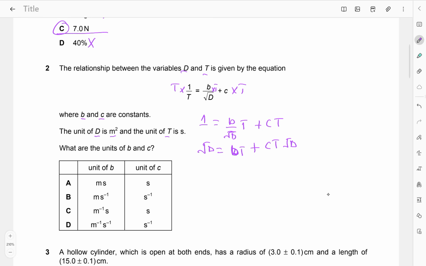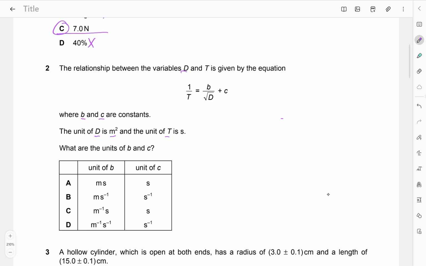I want you to note that we only add quantities of the same units. And for homogeneity, the units on the left hand side should be the same as the units on the right hand side. Alternatively, there is no need for me even to do this. I can just use homogeneity straight away, that on the left hand side we have 1 over t.